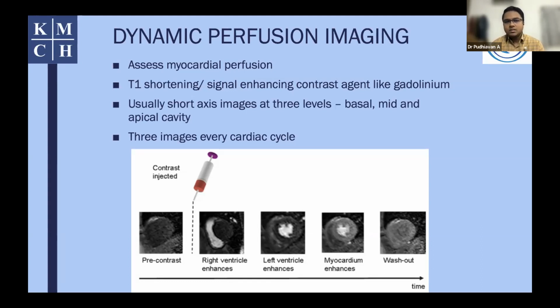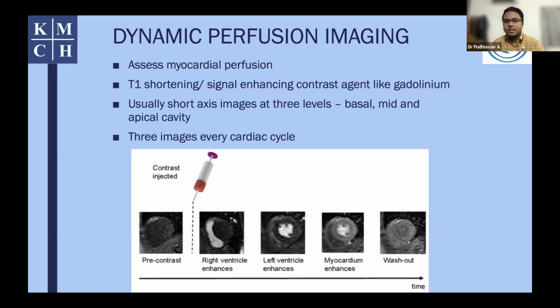In this sequence, we usually do imaging at 3 levels: the basal, mid, and apical cavity. All these 3 images have to be acquired within a single cardiac cycle. The reason that we stick to just 3 levels and not cover the entire LV cavity with multiple levels is mainly because of the number of good quality images that can be obtained in a single cardiac cycle.